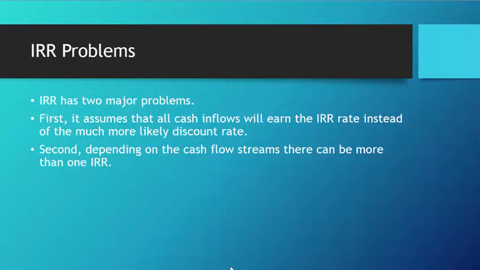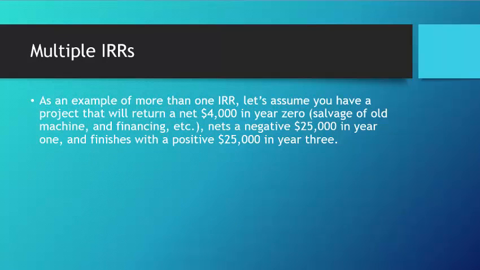But this second one, with more than one possible right answer, makes this feel less like math and more like English. Let me explain why we end up with 2 or more right answers by giving you an example. This is an example of a set of cash flows that have 2 right answers.